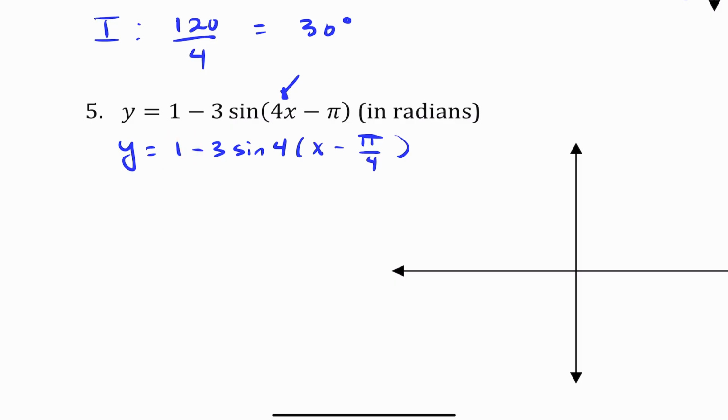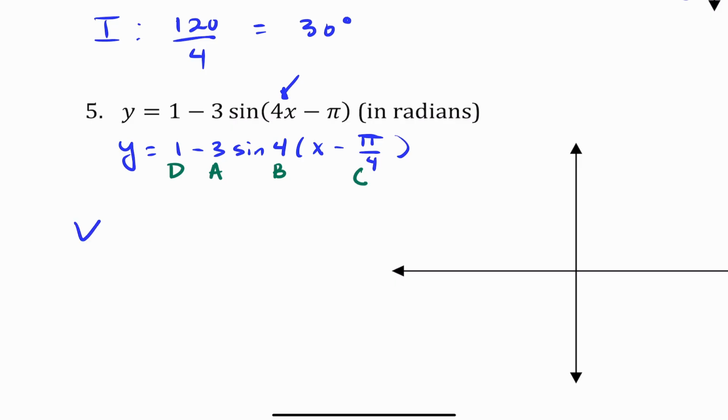Because that is not the number literally in front of the trig function. Okay, so this is our D. That is going to be our vertical shift, right? So that's D. And then this is A, that's B, and this is C.